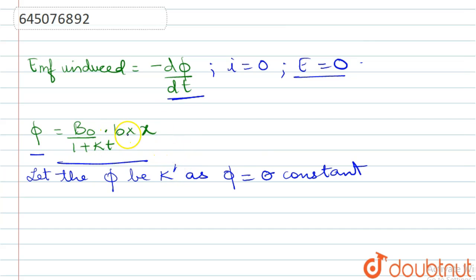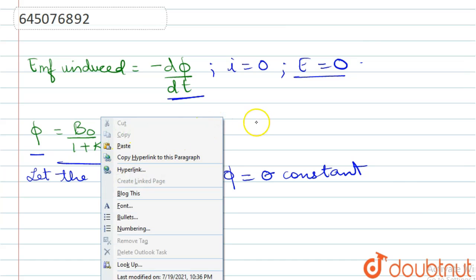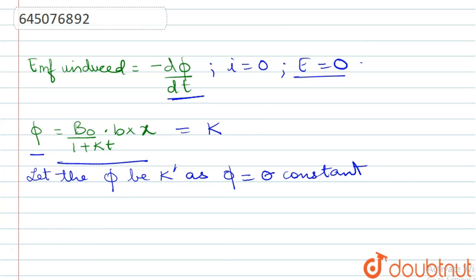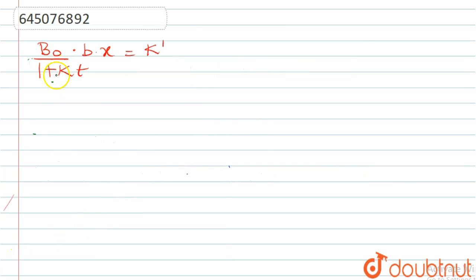So B naught b into x upon 1 plus kt equals k dash. This is the constant. So we can write x equals k dash into 1 plus kt upon b into B naught.